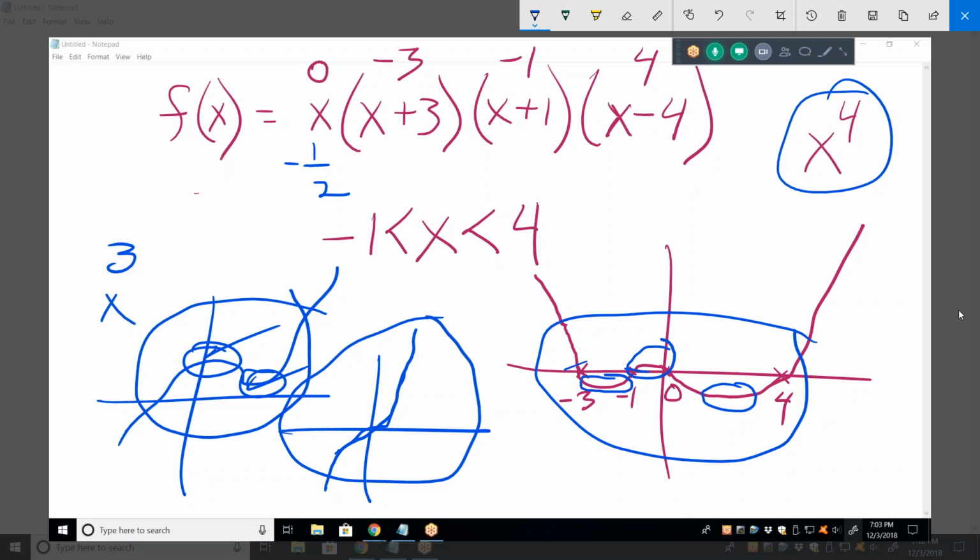Okay. That would give us positive 2.5, positive 1/2, and minus 4.5. Notice that if we multiply all 4 of those together, we get a positive number. So it's definitely positive right to the left of 0.